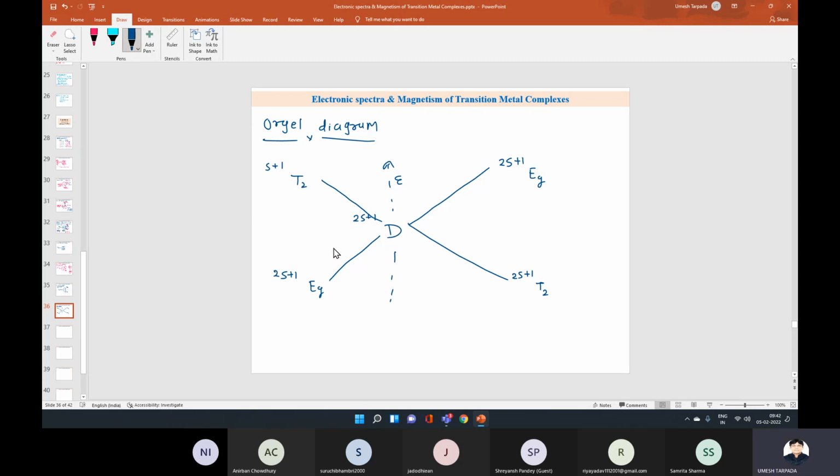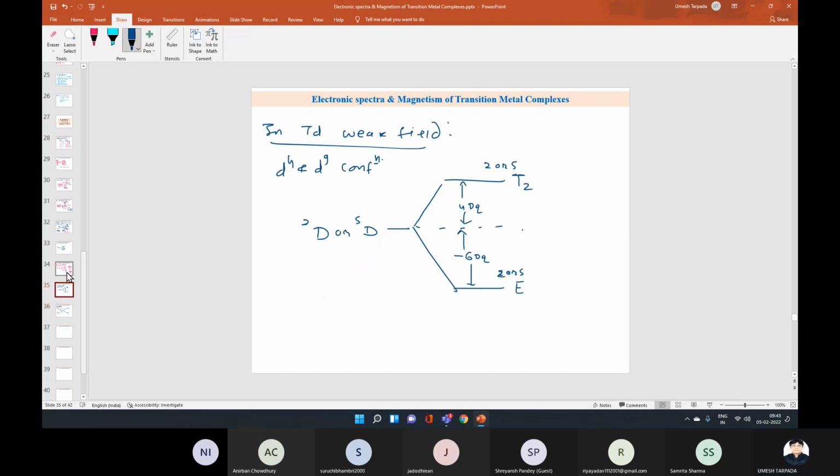Now for D4 and D9 in an octahedral field, which one is the ground state? For D4 and D9 the ground state is opposite. In the splitting, what did we write? For D4 and D9 the ground state in a tetrahedral field is E. So this is T2. This is for the octahedral field, not for tetrahedral.